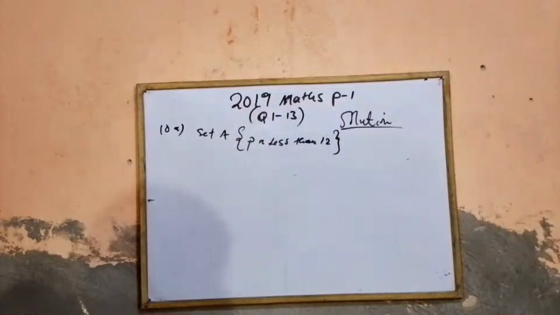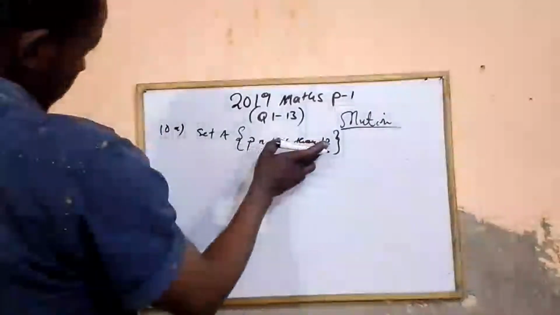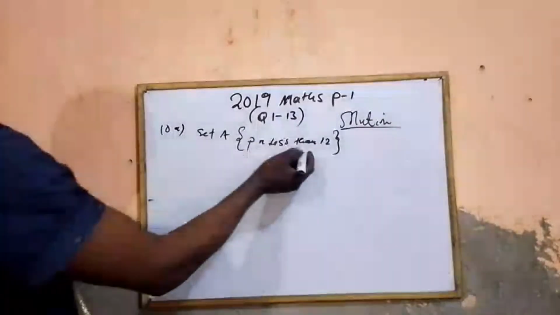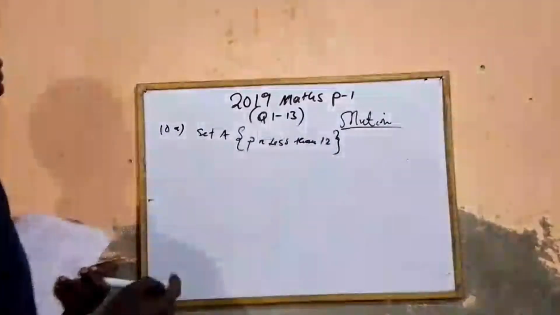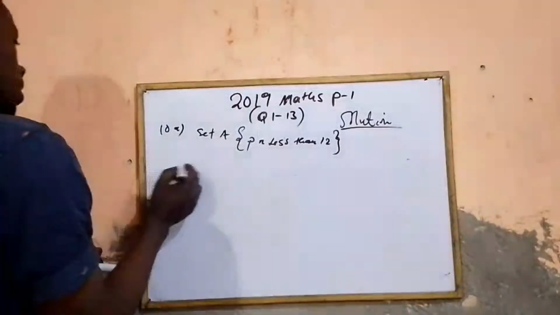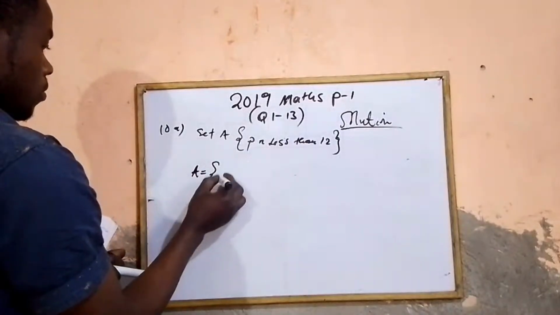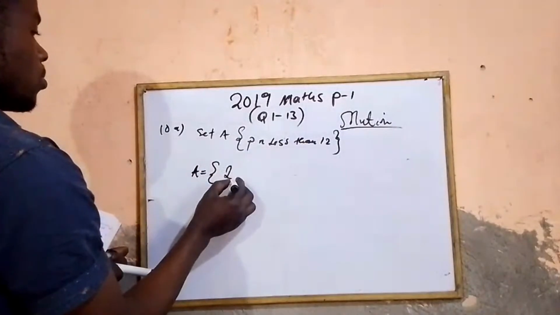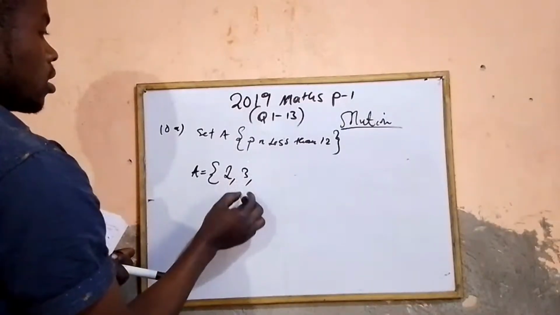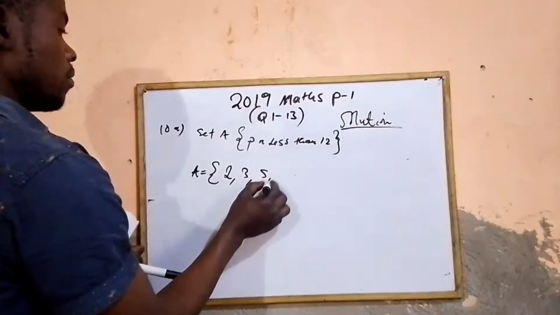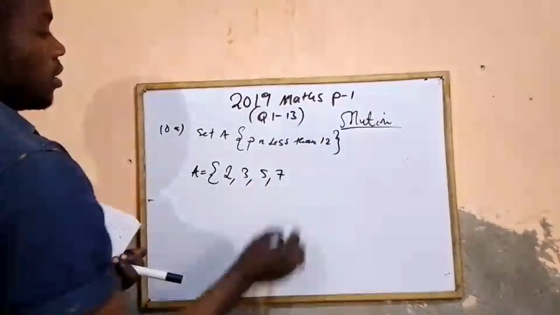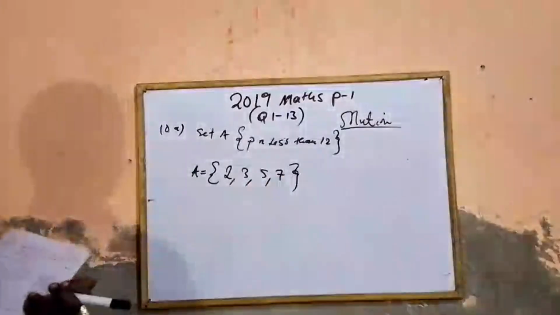So we have to list the prime numbers which are less than 12. The prime numbers which are less than 12 are 2, 3, 5, and 7. So these are the numbers they were looking for.